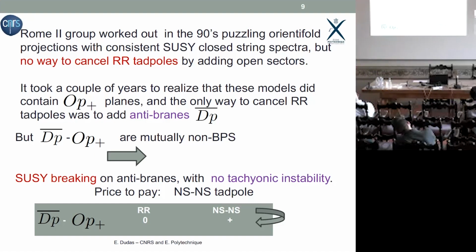Now, this was actually discovered a couple of months before by Sugimoto, the so-called Sugimoto model in 10 dimensions. We were not aware of his model. However, what Sugimoto did we would not call brane supersymmetry breaking. What we would call brane supersymmetry breaking is the following. You have a gravitational closed string spectrum which is supersymmetric.